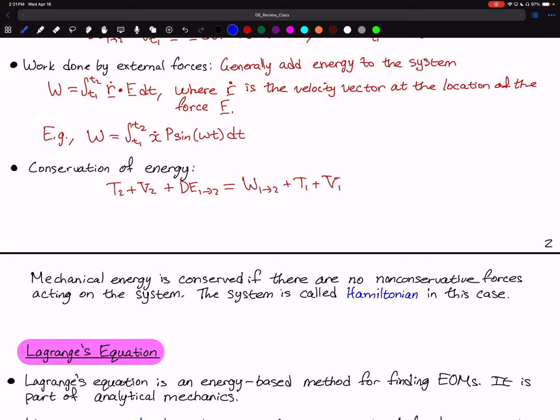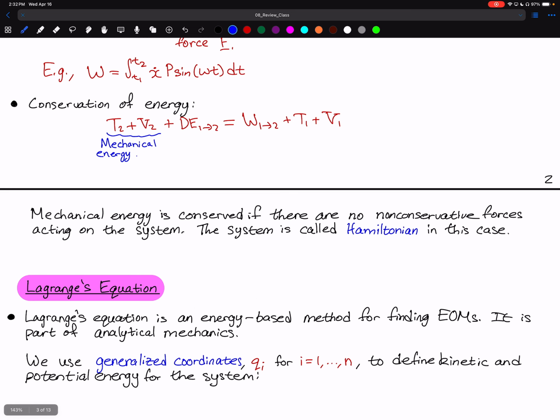This is our full conservation of energy. The summation of the kinetic and the potential energy is also known as the mechanical energy. So this is our mechanical energy at t equals t2. And then on the right, we have the mechanical energy at t equals t1.